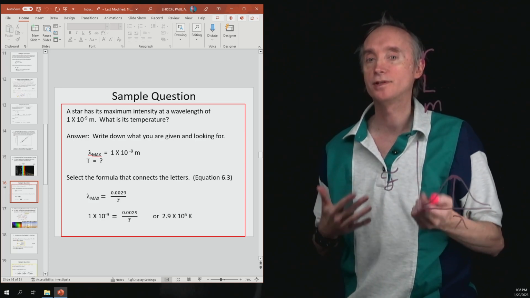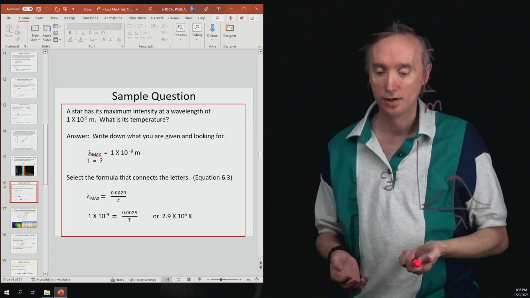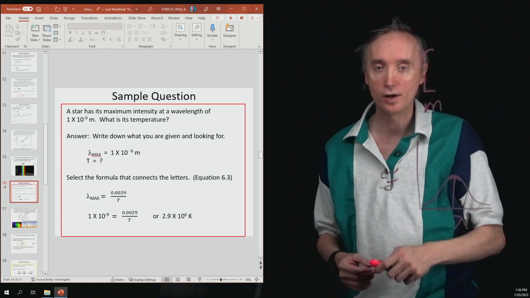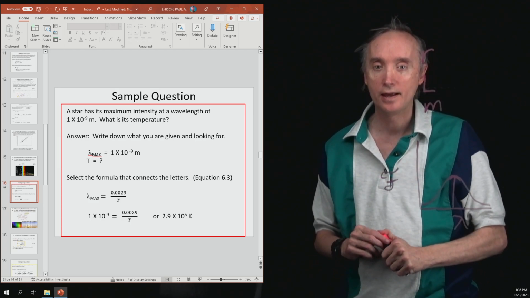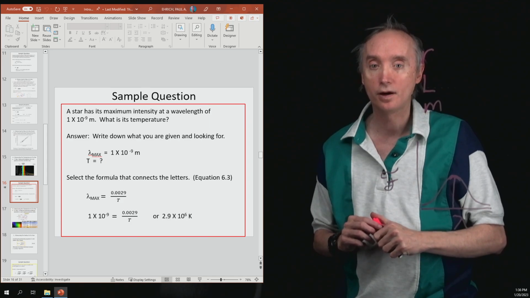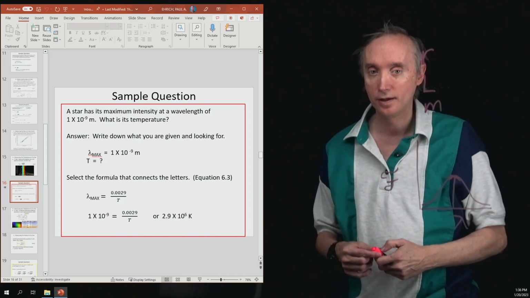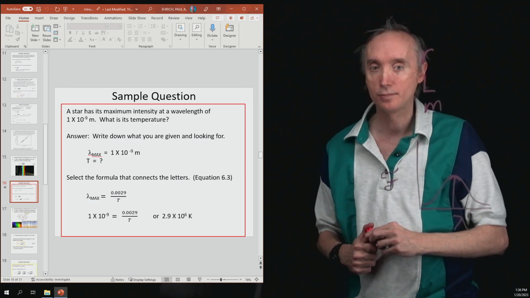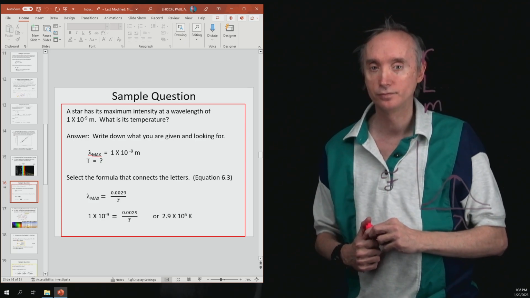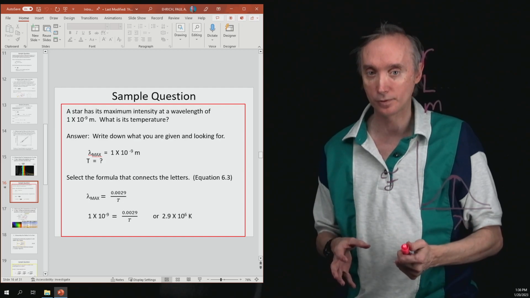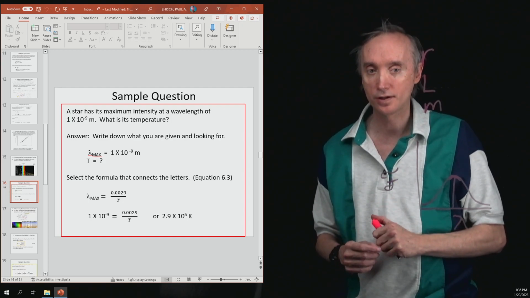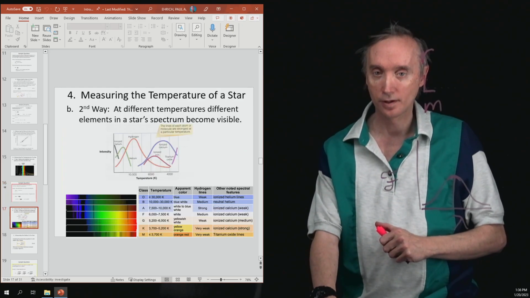We're trying to find the temperature, T. So we go back to our working equation, which is Wien's law, and we plug in our number for the wavelength, and we solve it for T, and you can see what that temperature turns out to be in Kelvin. So again, that's the surface temperature of that particular star. All right, now let's go a little bit further.